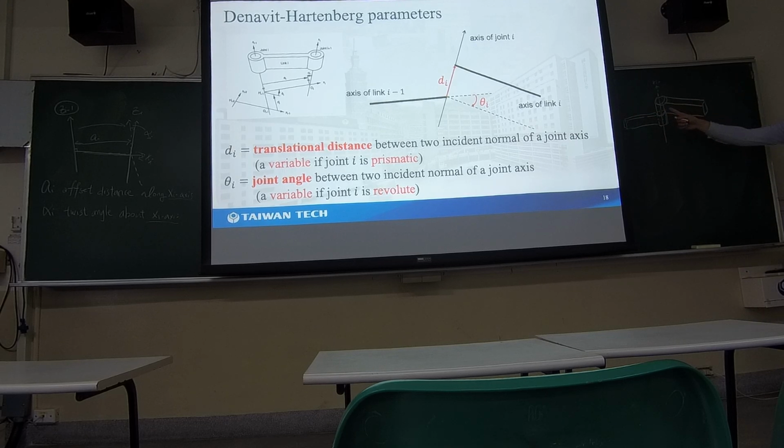These are two links, so this is the link axis, and this is link axis number 2, and here will be a joint axis.